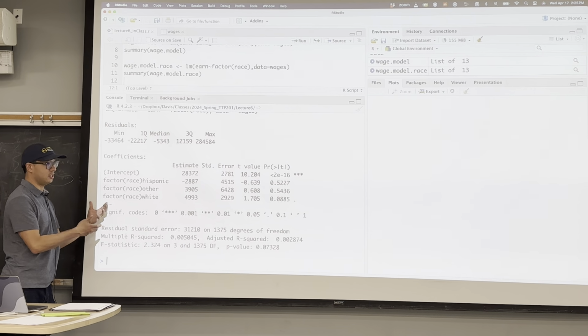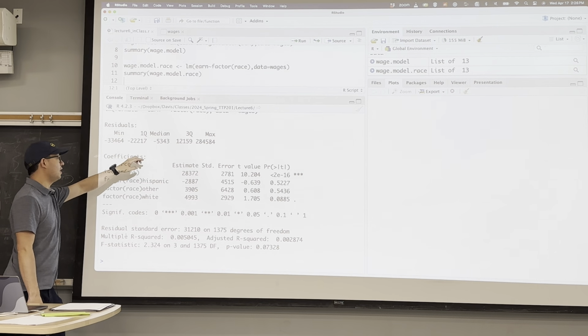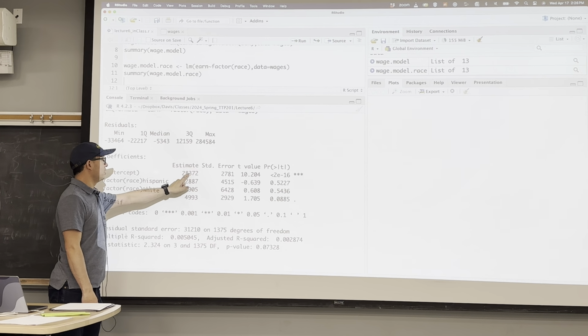And so the way that I would describe this is, in this data set, if your race is black, then the baseline salary is 28,372.